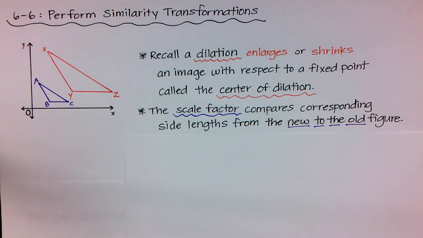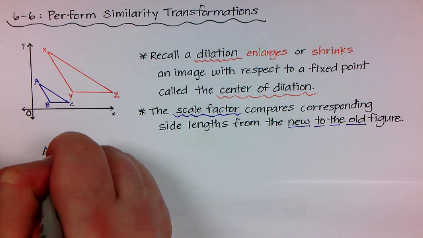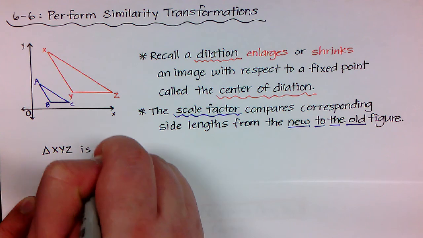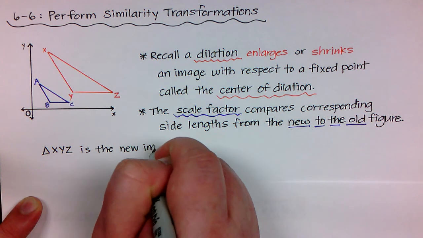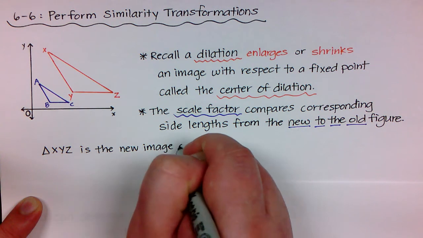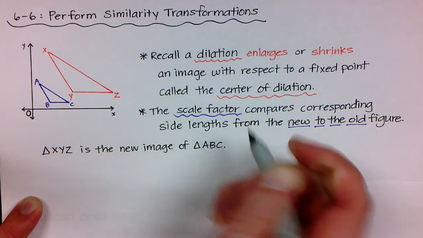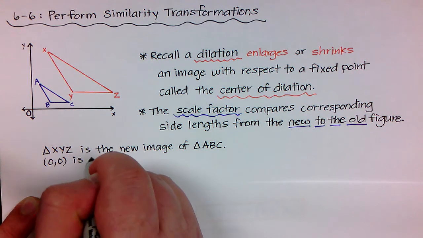Some things that I could write just based on the diagram that I have right here: we're going to say that triangle XYZ is the new image of triangle ABC. We're going to say that (0, 0) is the center of dilation.